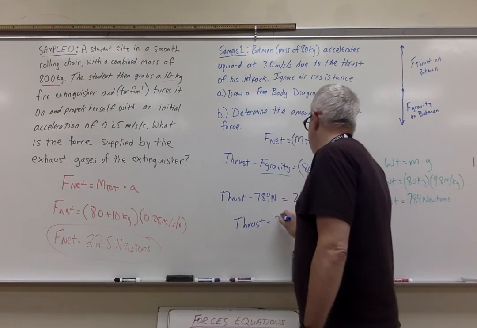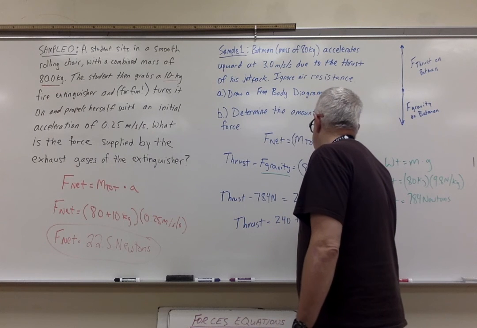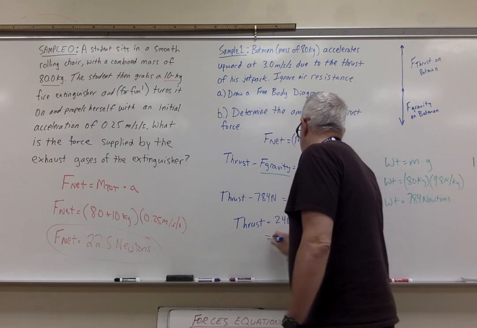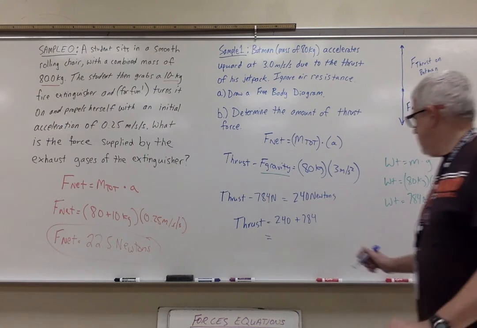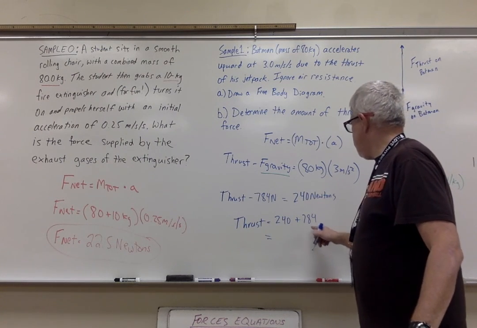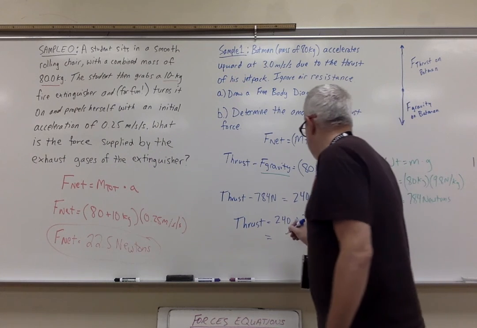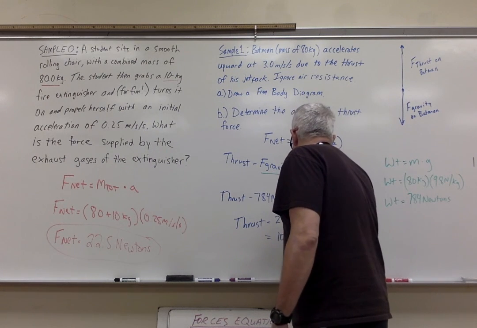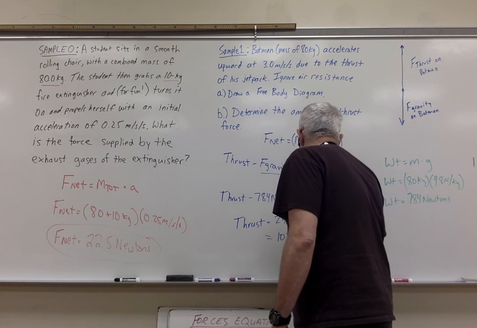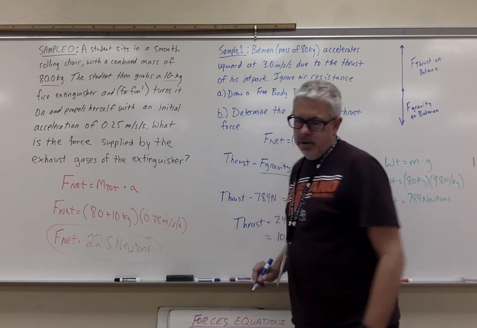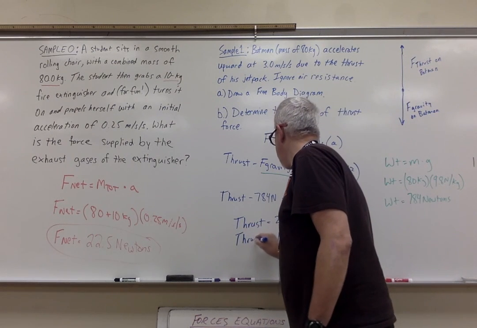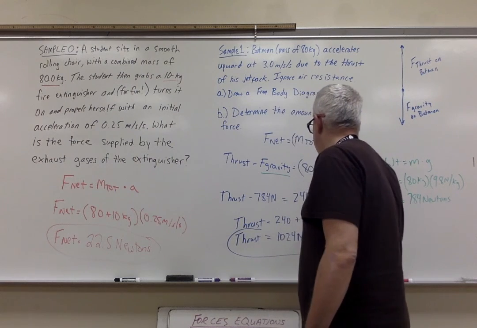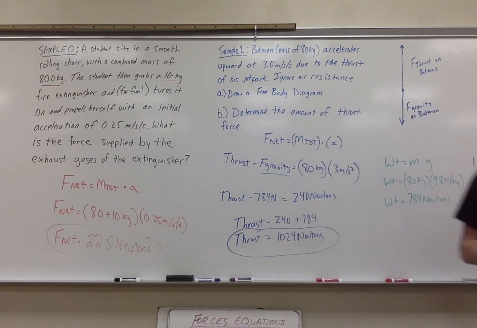Thanks, arithmetic. 240 plus 784. Okay, so that's going to be 984 plus 40. I think that's going to be 1024 newtons. And that would be the thrust from the jetpack. So something like that. Again, that's example 0 and example 1.